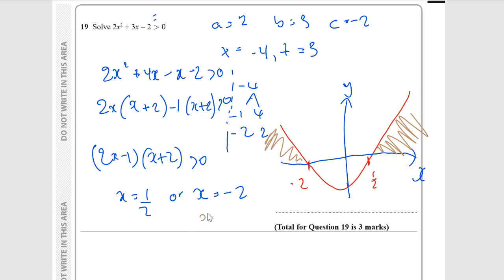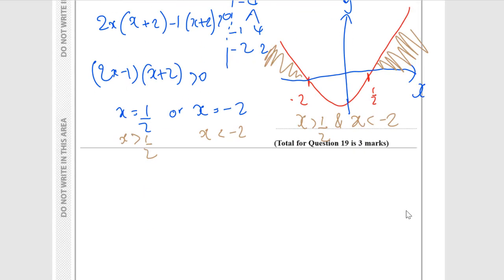So when x is less than minus 2, or when x is greater than a half, because we want y to be greater than 0. So x greater than a half, or x less than minus 2.